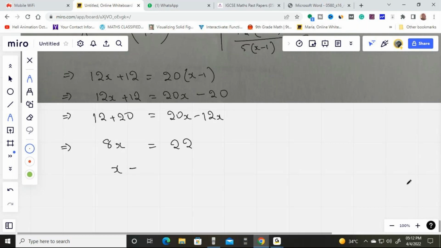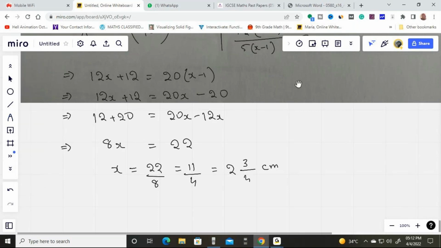So x is coming out to be 22 by 8, that is 11 by 4, that is 2 and 3 by 4 centimeters. Let me check if this is my correct answer.